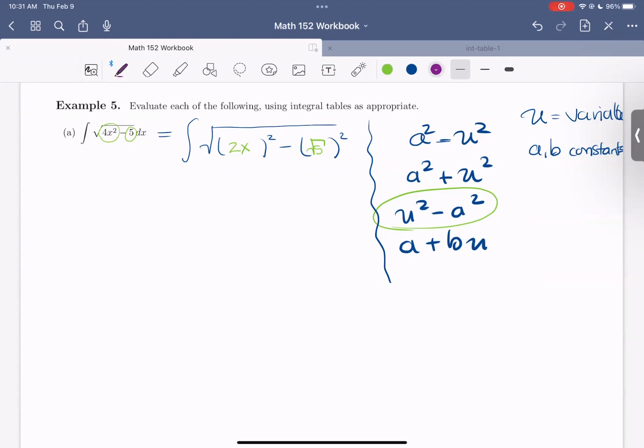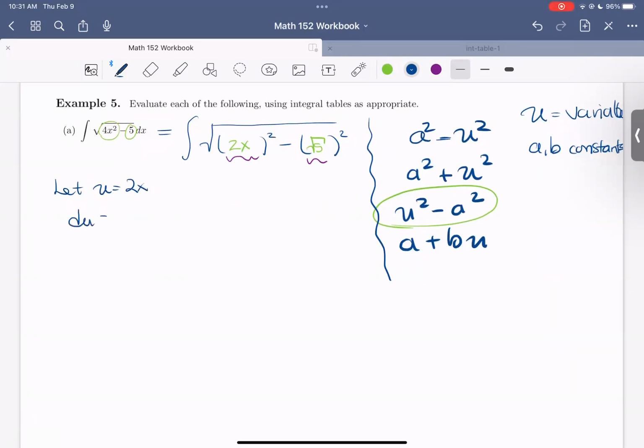How would we make it into a form where our first term is just a variable and our second term is just a constant? If we let u equal 2x, then du becomes 2 dx, which means du over 2 is equal to dx.